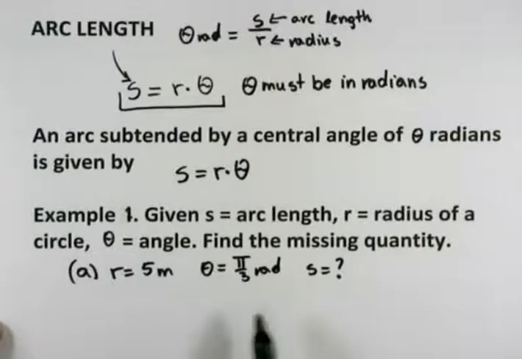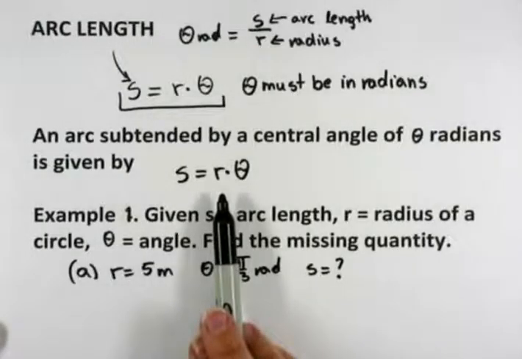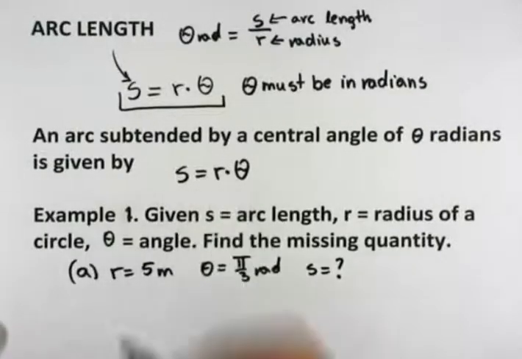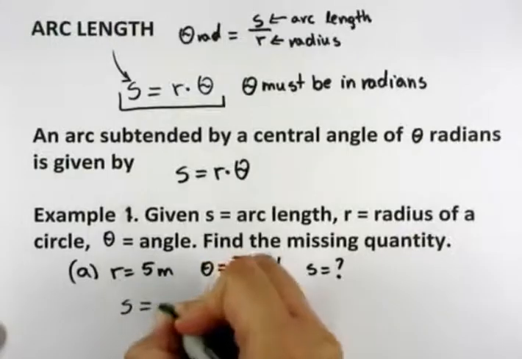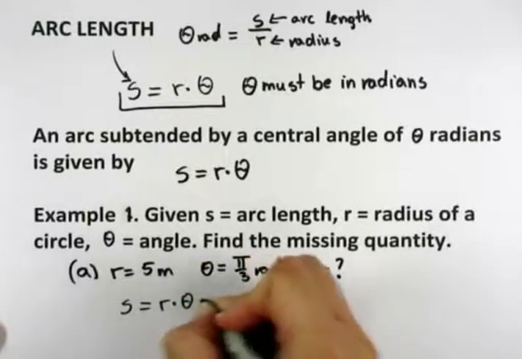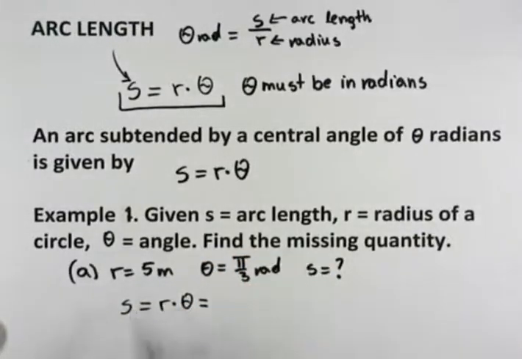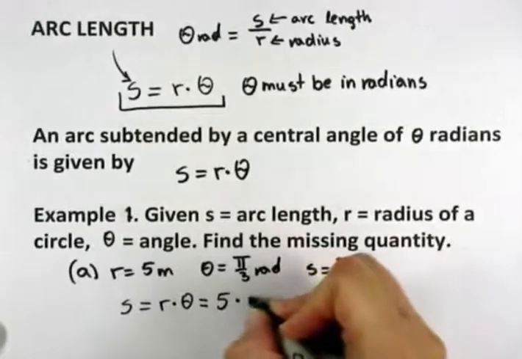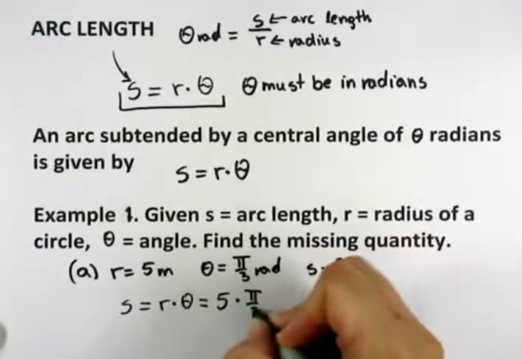First you need to check if your theta is in radians. In this case, my theta is in radians. So now I can apply the arc length formula. I substitute that the arc length is r times theta. So my r is 5 times theta is pi over 3.